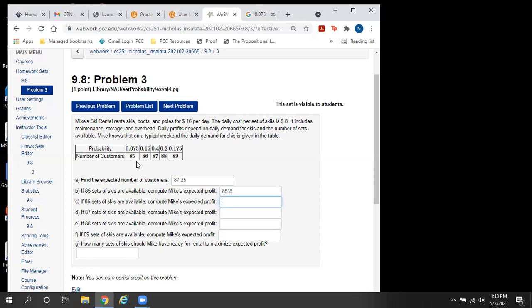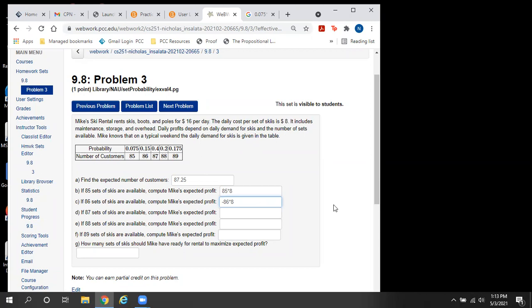So sort of what's happening here is that with 86 sets of skis, the cost of maintaining the skis each day is always going to be there. Whether they get rented or not, you still have to maintain those skis, right? So if we talk about the loss first, the cost of maintaining them is always going to be 86 times 8, and that's going to be negative.